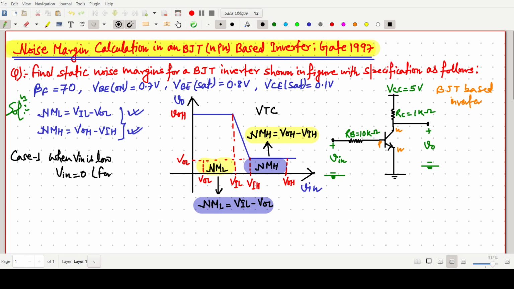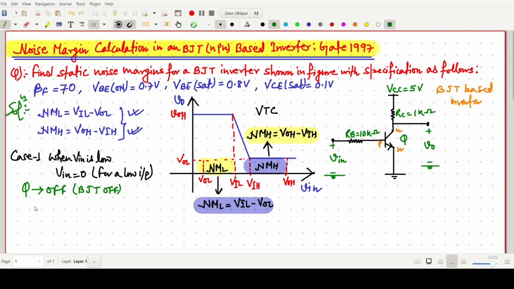For this low input, this transistor Q is in the off state, or we can say the BJT is off.